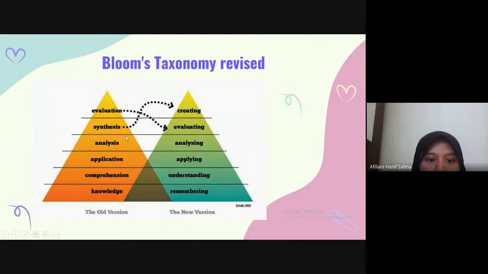In the old version there are six cognitive domain levels: knowledge, comprehension, application, analysis, synthesis, and evaluation. But in the new version, it is revised to remembering, understanding, applying, analyzing, evaluating, and creating.